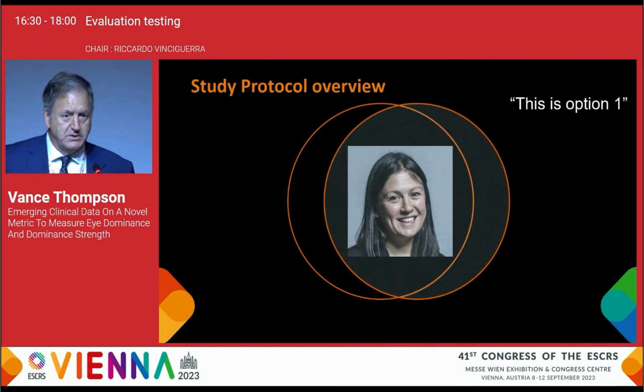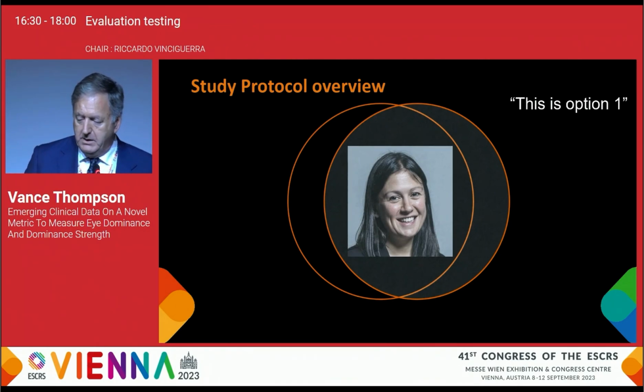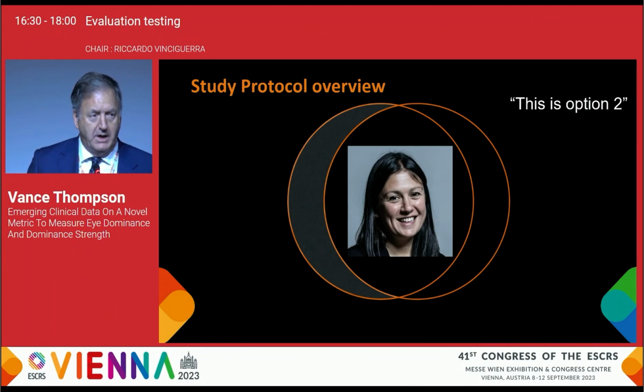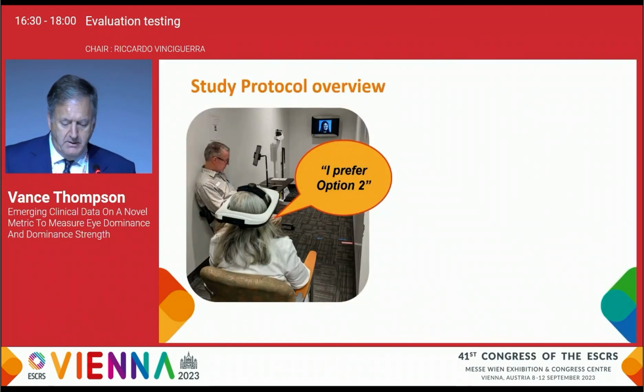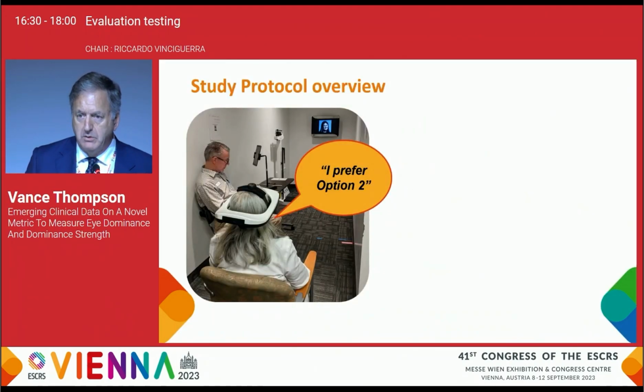For instance, in this example, the patient would be asked, do you prefer option 1? And right now, just notice out of that eye, it looks a little reduced contrast. Or do you prefer option 2? And this patient would say, I prefer option 2.